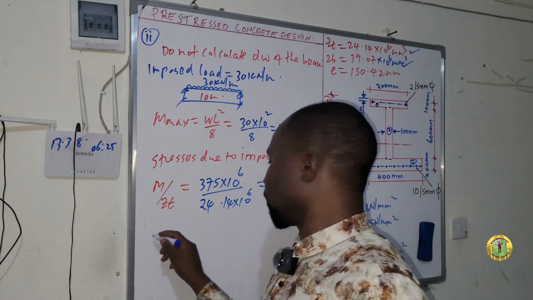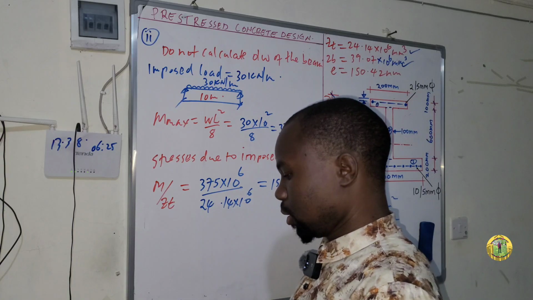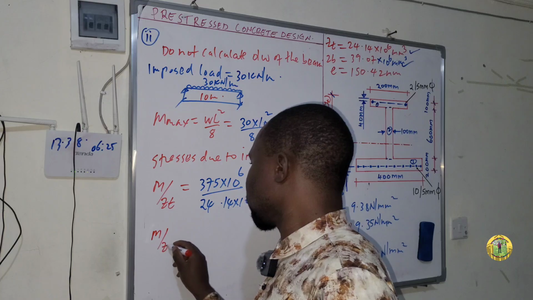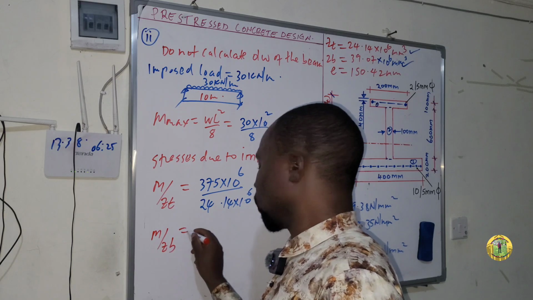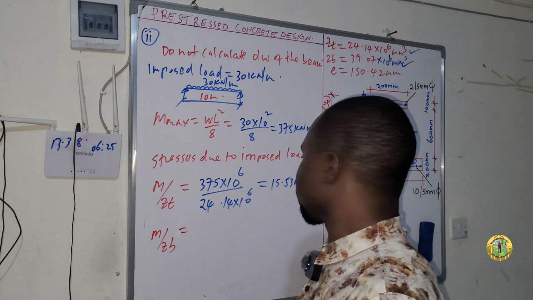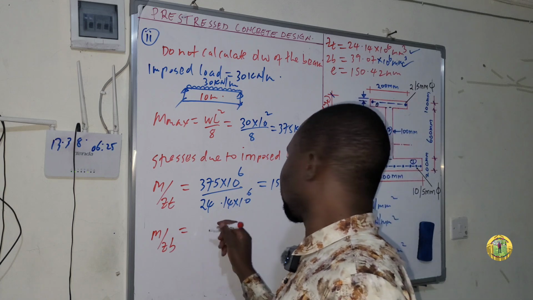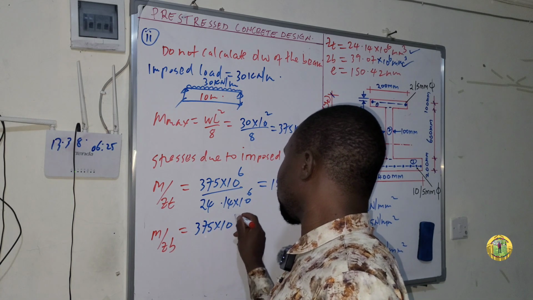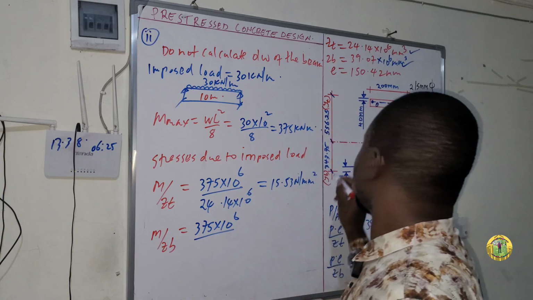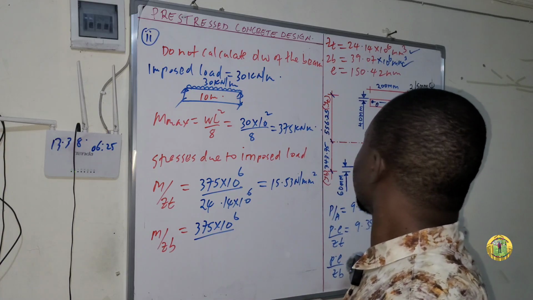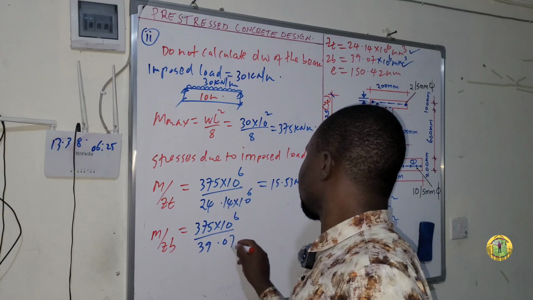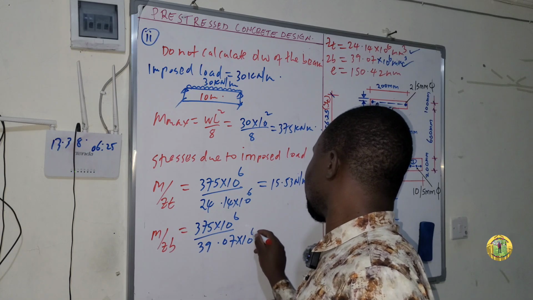And then we have M over Z bottom. So this one is equal to M, which is 375 times 10 to the power of 6 over Z bottom, 39.07 times 10 to the power of 6.